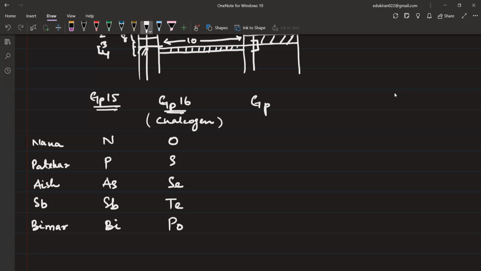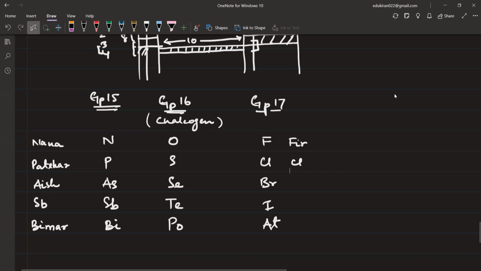Right, group 17. This is kind of, I don't like this, but still I have to. Firkal Bahar Ai Auntie. You can remember this like that, same thing.